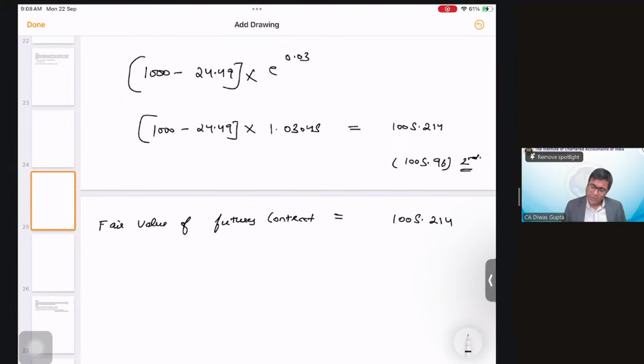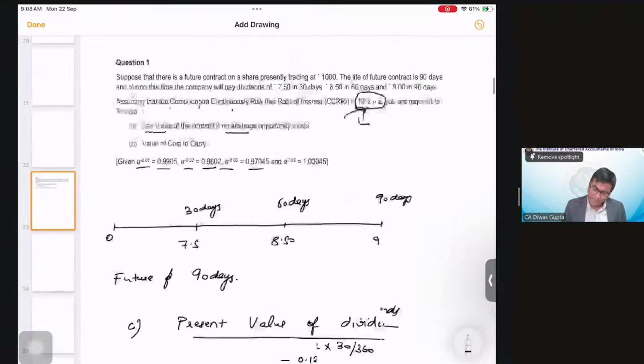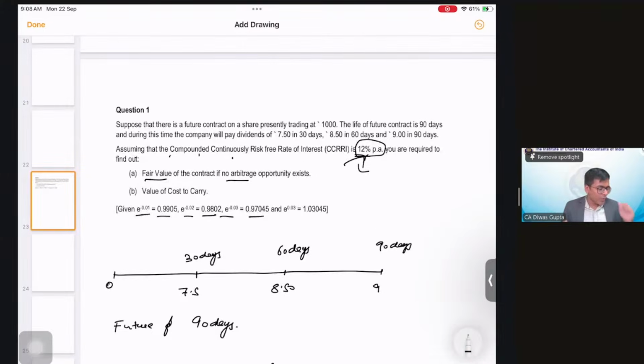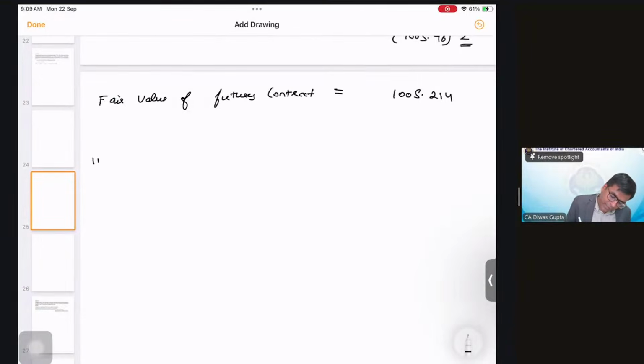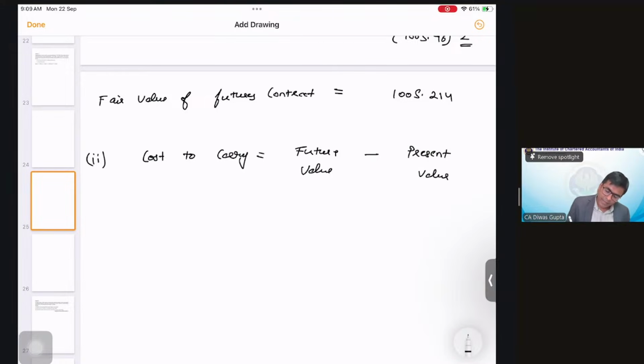Now the next part of the question was asking the value of cost to carry. So basically the cost to carry is nothing but the difference between the future value and the present value. So cost to carry is equal to future value minus present value, right?